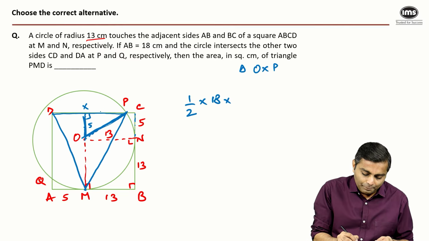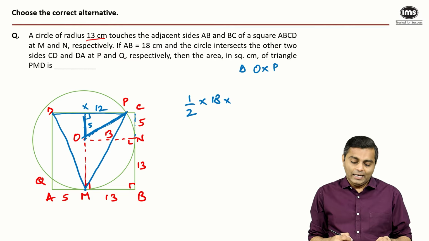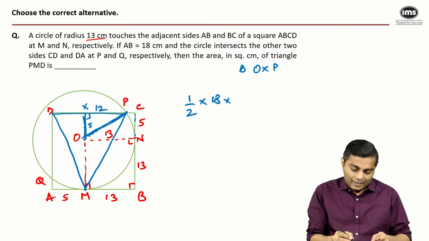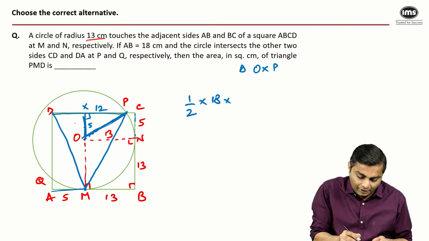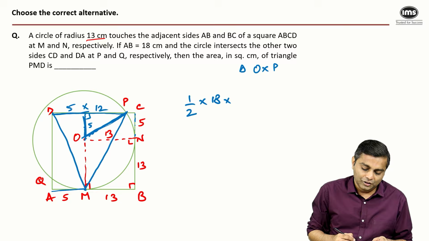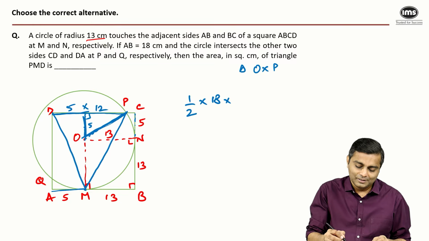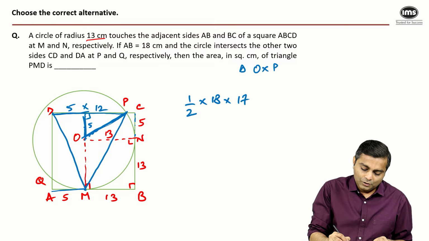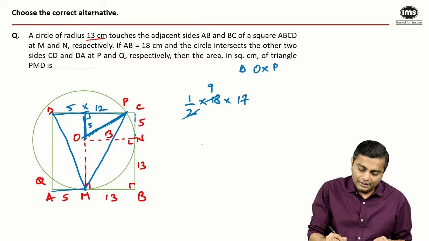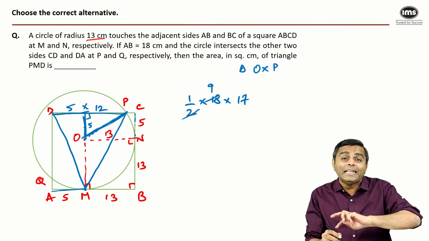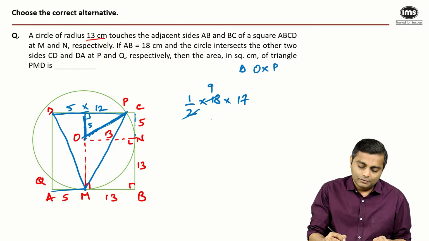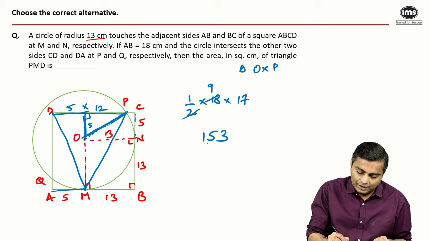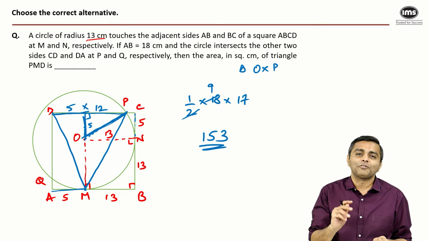It's a Pythagorean triplet. This guy has to be 12. And if that guy is 12, see, this part is already 5. So this also should be 5, which means the base PD becomes 17. Right? So this is 9 times 17, and 17 into 9 is 170 minus 17. So 153 should be our answer for this question.